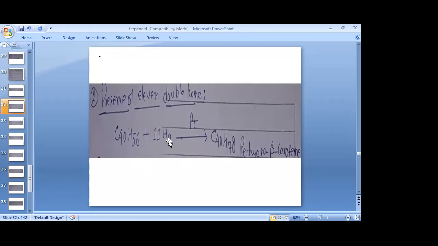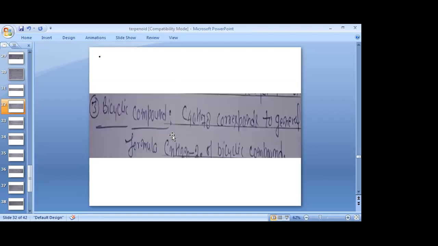When beta carotene reacts with 11 molecules of hydrogen, it finally converts into perhydro beta carotene, C40H78. So 11 hydrogen molecules add to beta carotene. By this reaction we confirm the existence of 11 double bonds in beta carotene. The hydrogenation reaction tells us that 11 double bonds exist in beta carotene.